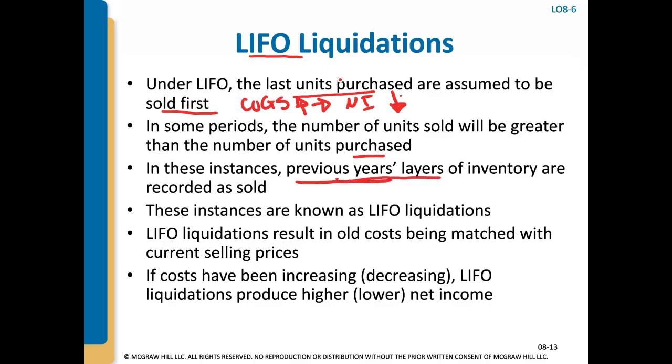Into previous years' layers because you're not actually acquiring new inventory. And these are known as LIFO liquidations. What happens is that instead of your cost of goods sold being higher as it normally would, you're dipping into older inventory, which usually means you got that at a lower cost.